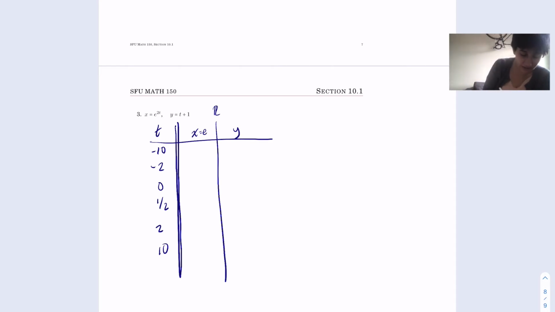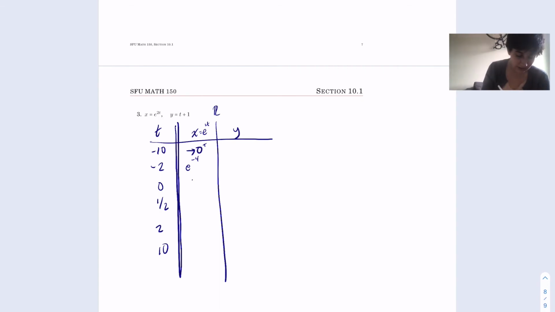So I'm staring at e to the 2t. So that's e to something really small. So it's e to the -20. So that's something very small. This is approaching 0. Okay, from the right, it's a positive number. This is e to the -4.